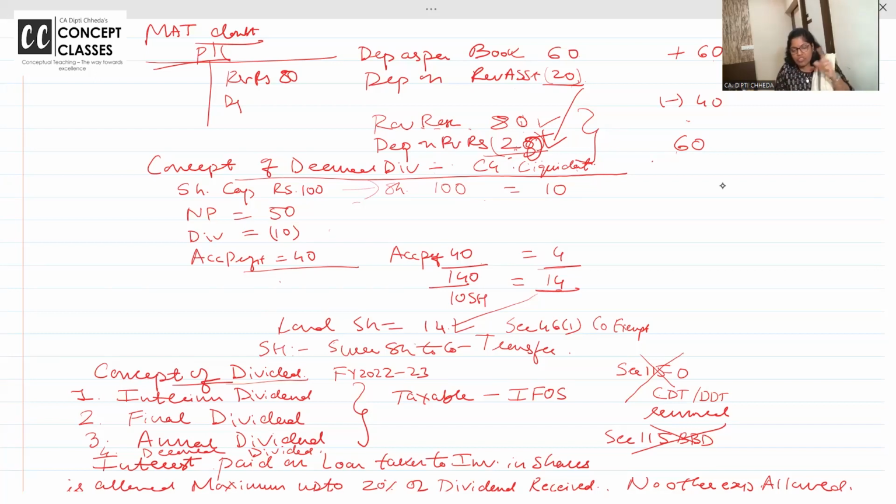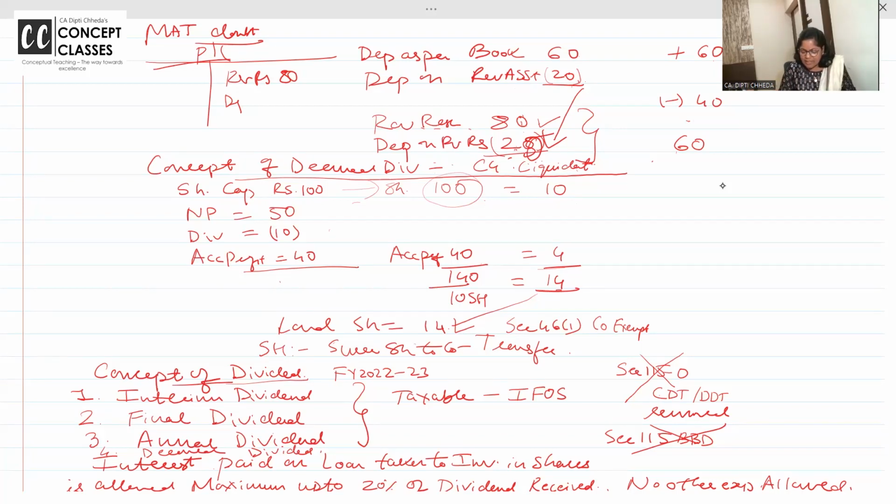So against the shares, how much is he getting? 100. The 40 rupees received by the shareholder from the company is out of accumulated profits. Whether you give in cash or in kind or in any form, will it be treated as deemed dividend or assumed dividend? Answer is yes.